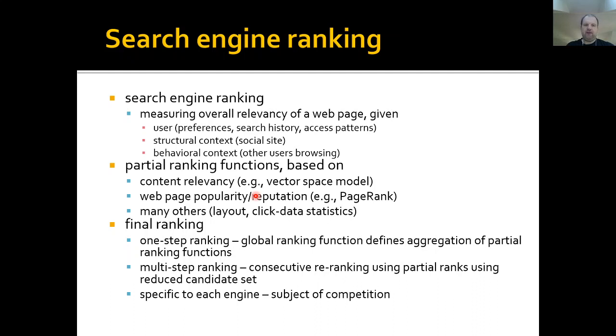and there could be others like layout based ranking. We are searching maybe for some business documents, and there it matters how the document looks, so some kind of layout is involved, and so on.